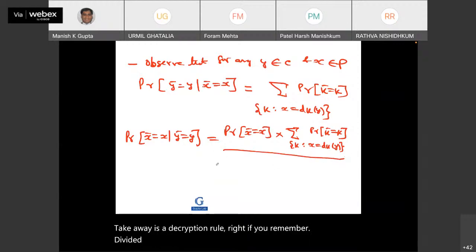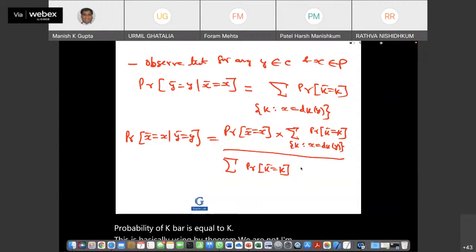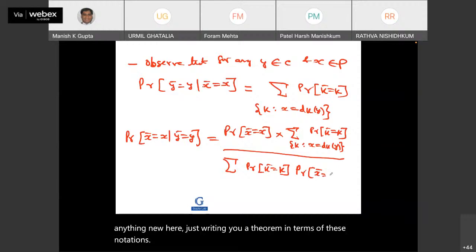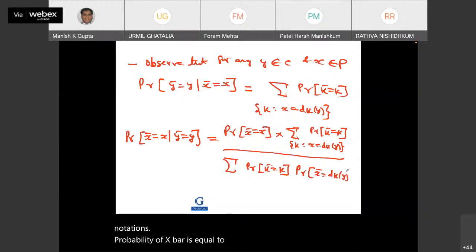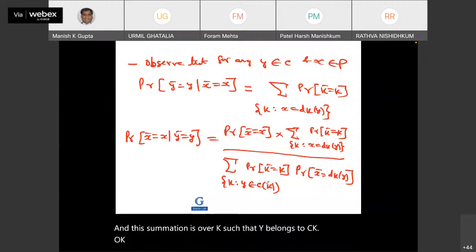This is divided by the summation of Pr[k bar = k] Pr[x bar = d_k(y)], and this summation is over k such that y belongs to C(k). This is basically using Bayes theorem. I'm not doing anything new here, just writing you Bayes theorem in terms of these notations.